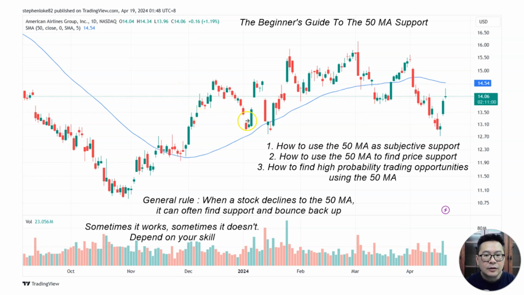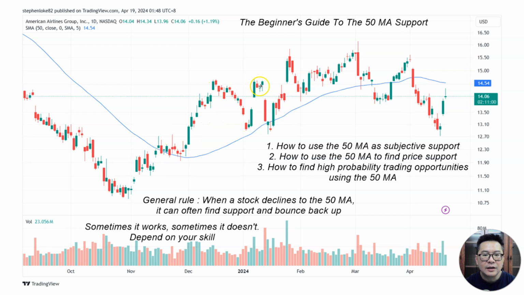Now let's take a look at this chart here. We have the simple moving average 50, meaning 50 day, and this is the daily chart of American Airlines Group, and this blue line is the 50 MA. I've colored it blue. You can use whatever color you want. Here it is declining and then sloping upward, and these candlesticks are prices.